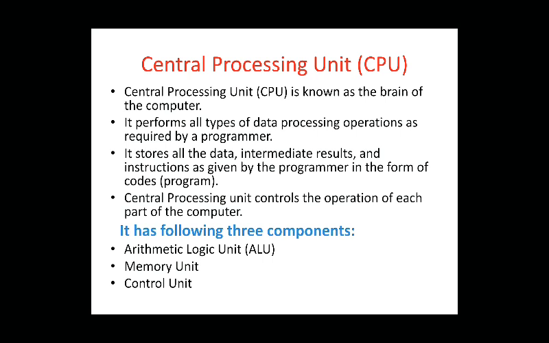This type of task can be performed in the CPU, because it has control over all the parts of the computer. So the CPU controls the operations of each part of the computer, and all the parts are under the control of the CPU.